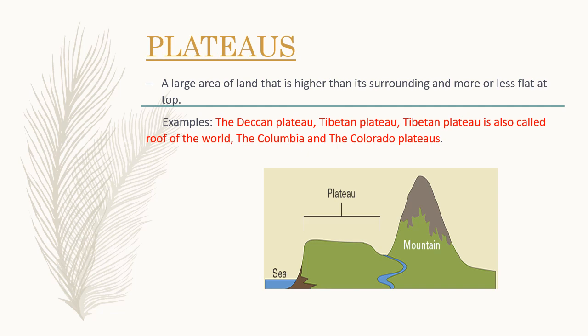The Tibetan Plateau is also called the roof of the world. The Columbia and the Colorado Plateaus. See the difference between plateau and mountain. Plateaus and mountains both are higher than their surrounding area, but plateaus have a flat top and mountains have a pointed top.